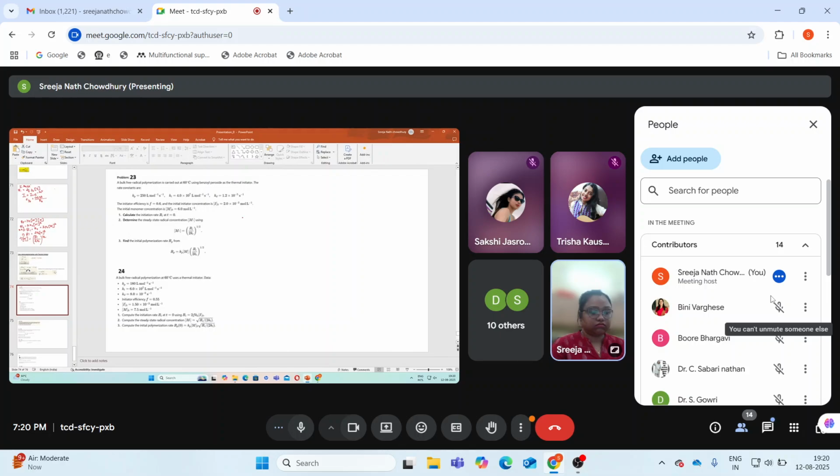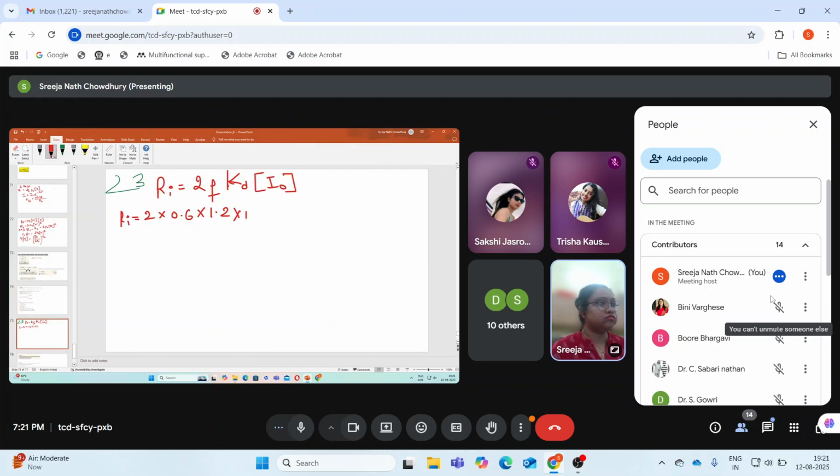So Ri will be 2 into 0.6 into 1.2 into 10 to the power minus 5 into 2 into 10 to the power minus 3. That is giving Ri is equals to 2.88 into 10 to the power minus 8.